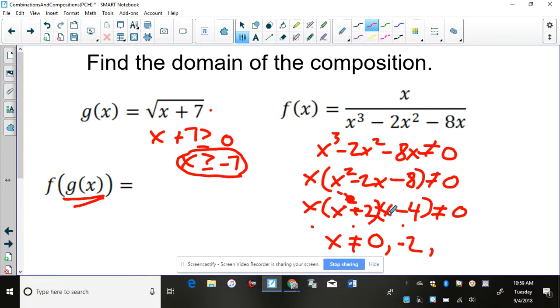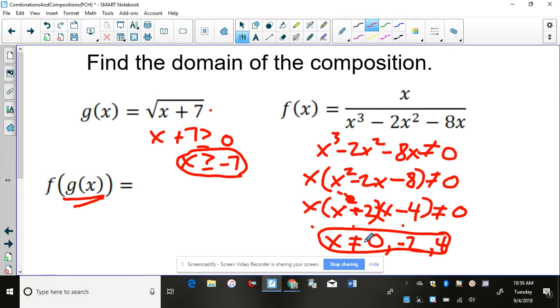And then finally here, if this is 4, this entire factor equals 0. The entire product equals 0, so I can't let x equal 4 as well. So these are the values of the domain of f that I have to exclude.